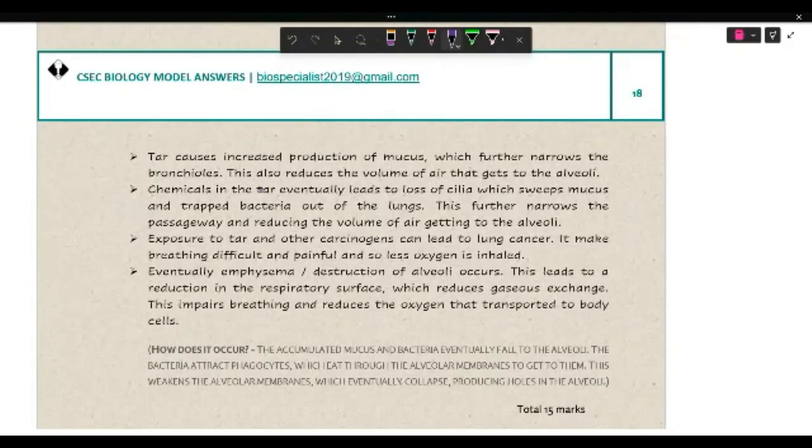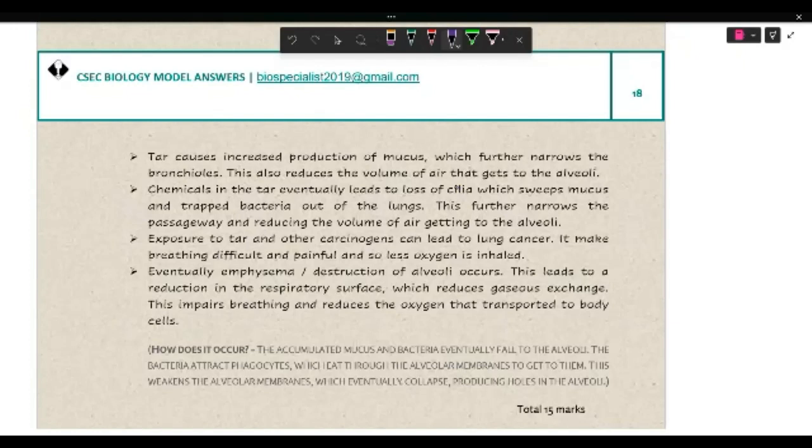Now, another interesting one, right, and the next one is tar again. Tar has a huge impact. The tar is going to basically kill the cilia.